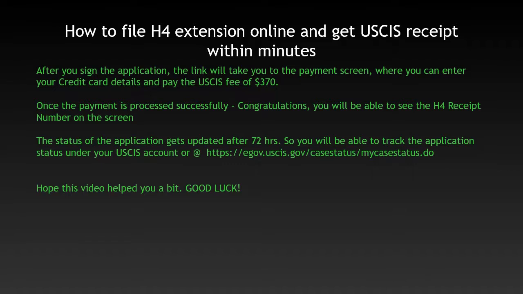And once the payment is processed successfully, you'll be able to see the H4 receipt number on the screen, and that is the receipt number you will use to track your application. So that's how you'll get your USCIS receipt within minutes, and the status of this application gets updated after 72 hours, and you'll be able to track the application status under your USCIS account.